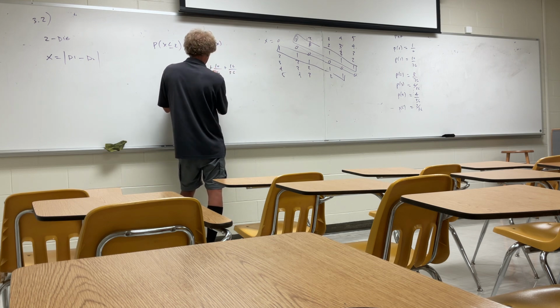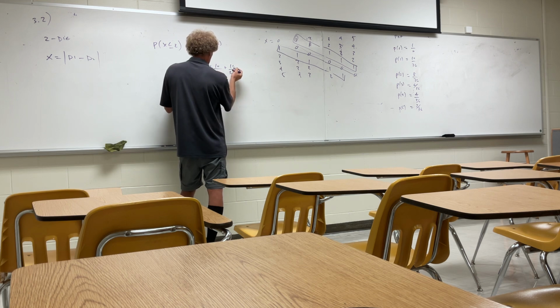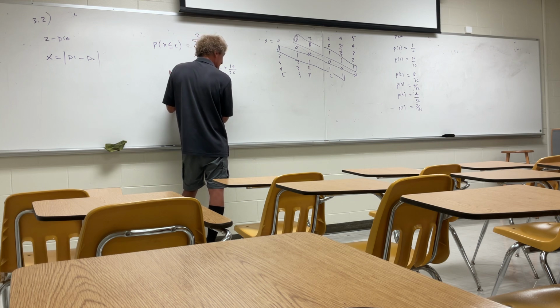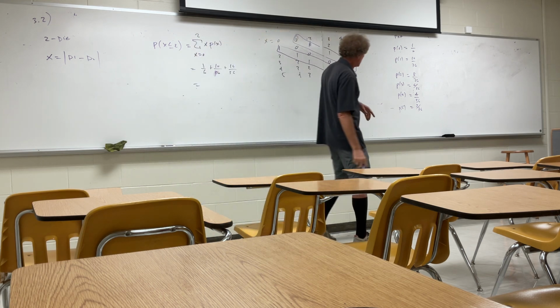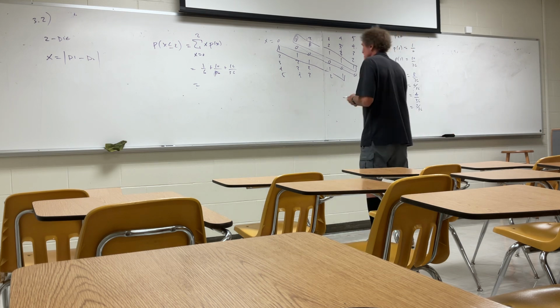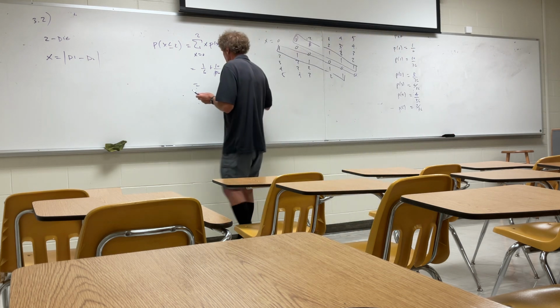So this is going to be 6 and 10, or 16, plus 8. I think it's 8 over 36. Say again? 8 over 36. Oh, yes, you're absolutely right. I'm doing it again.